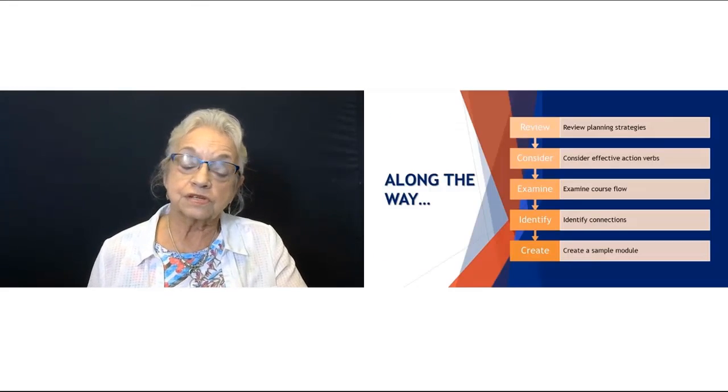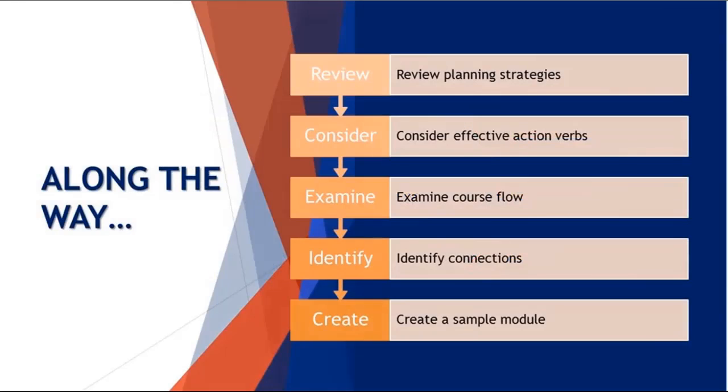Through today's session, we're going to review some of the strategies that we use to plan our courses and plan our activities and assessments throughout the course. We're going to give some thought to those action verbs that we use when we're writing objectives. We're going to think about how our course flows and what we can do to make it flow a little better.